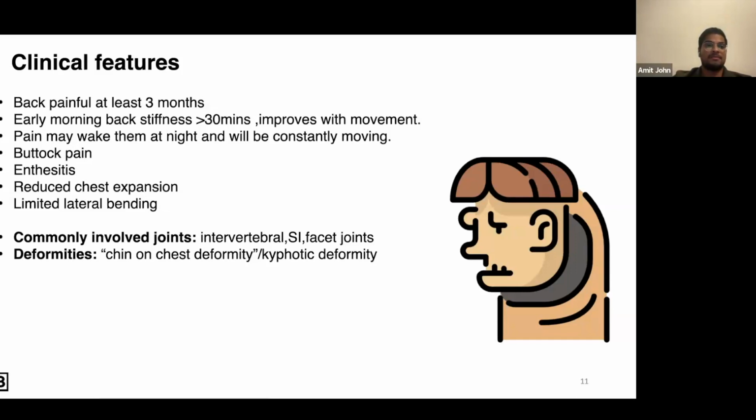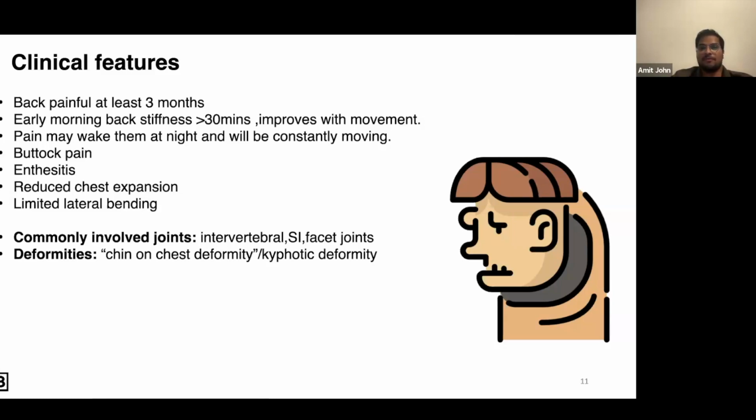With the limited lateral bending, they used to do something called Schober's test. Schober's test is where you draw a line 5 centimeters above the dimples on your back and 5 centimeters below, and you ask the patient to bend down. If the expansion of that line is not more than 5 centimeters, then it is positive.